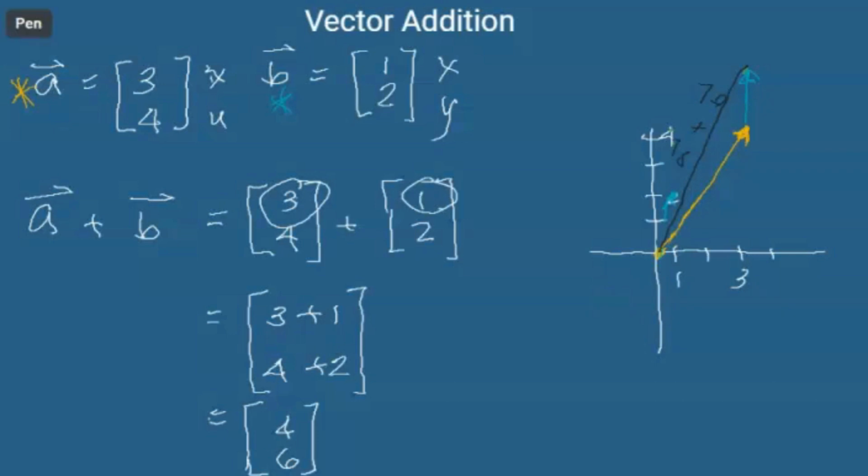Now, if we want to start with vector B, so it's like vector B plus vector A. So from the endpoint of vector B, we will draw vector A. Okay, it's not straight.